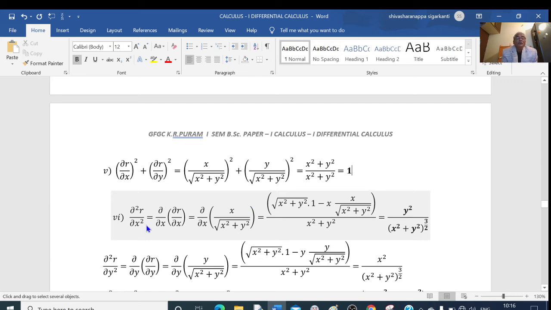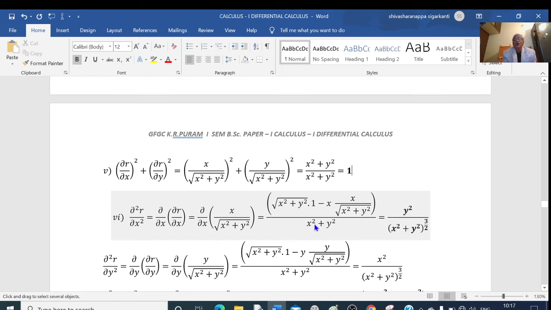Next, ∂²r/∂x² is nothing but ∂/∂x of ∂r/∂x. That is ∂/∂x of, what is ∂r/∂x? It is x by root of x² + y². We have to differentiate this partially with respect to x. For that, I have to go for the quotient rule because both numerator and denominator consist of x.